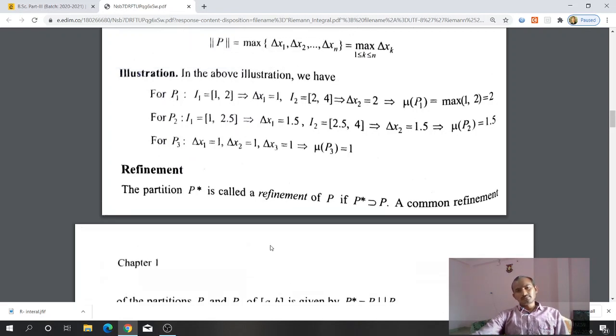Next we will discuss what is refinement.